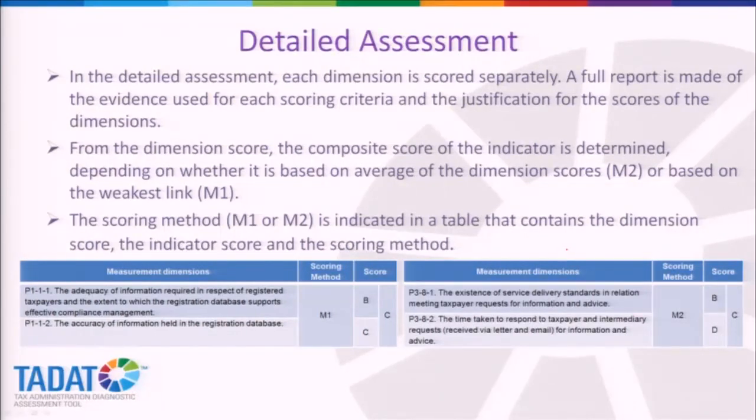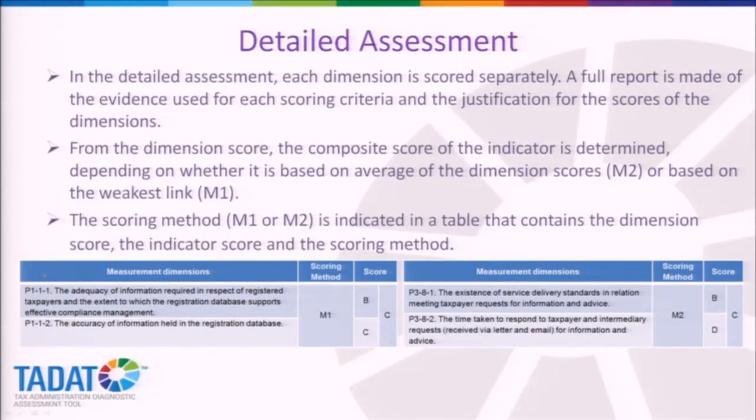So here we really write down what we saw and why we are giving a score of A, B, C. And from the dimension scores, the composite score of the indicator is determined, depending, again, on whether it's based on the average of the dimension scores, M2, or based on the weakest link. The scoring method is indicated in the table, which is part of that detailed report, which contains the dimension scores, the indicator score, and the scoring method.